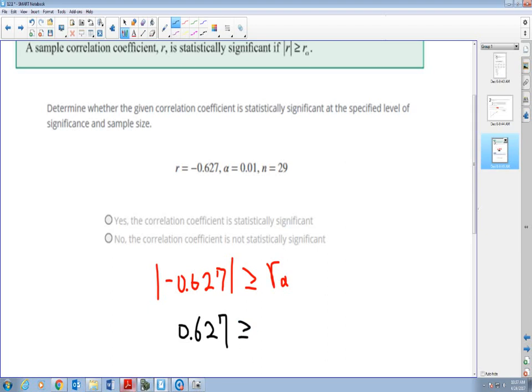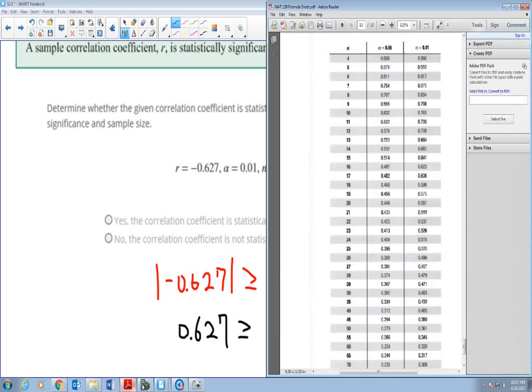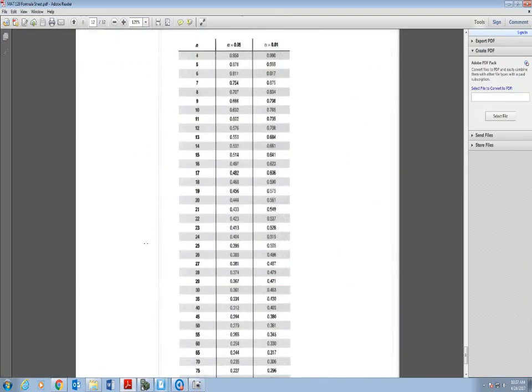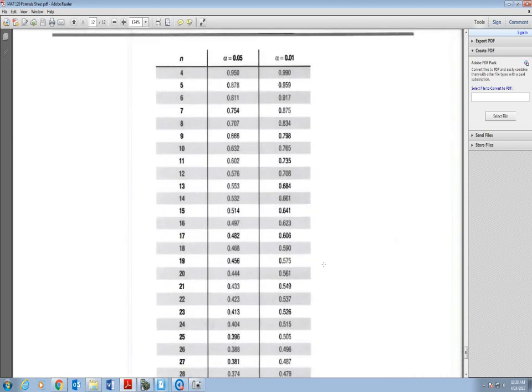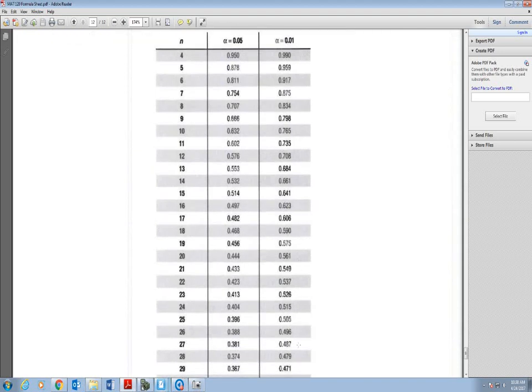So how do I find this R sub alpha? We need to go to the very last page of your formula sheet. It's called the critical value of the Pearson correlation coefficient. My alpha was set at 0.01. Go down to sample size 29. It's 0.471.